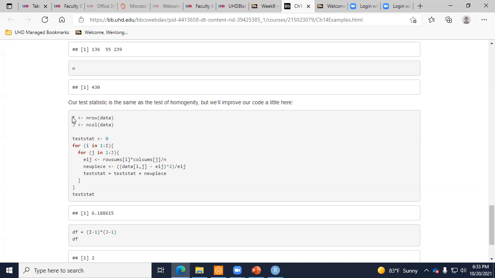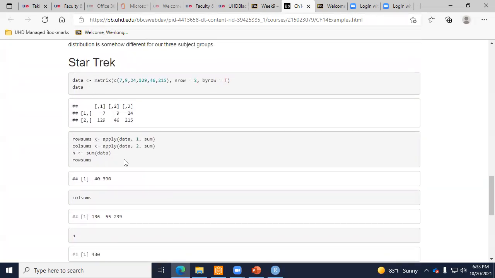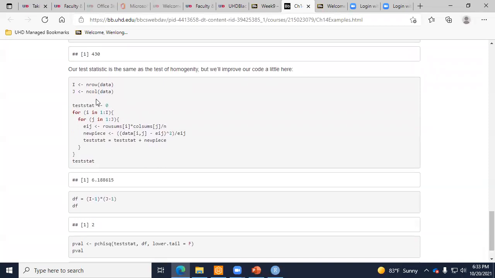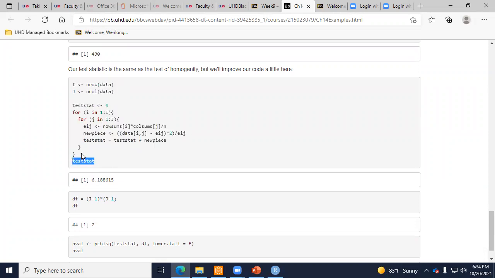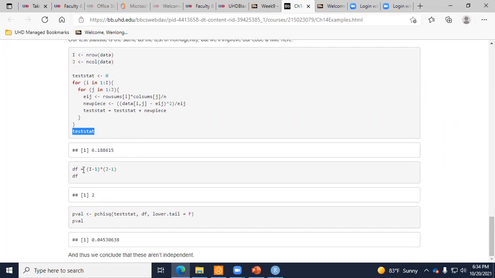You can use this set of code once you define the data correctly, and everything should just pop out for your test statistic. And the degrees of freedom is I minus 1 times J minus 1, which is 2, and we get our p-value.